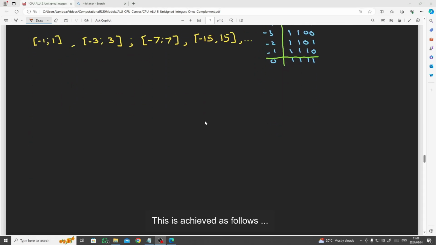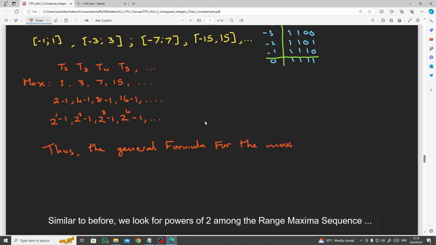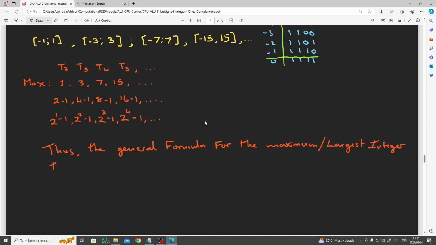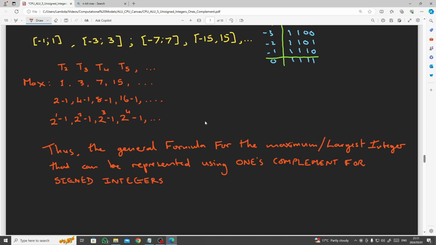This is achieved as follows. Similar to before, we look for powers of 2 among the range maxima sequence to see if we can easily spot the generating function for this sequence.